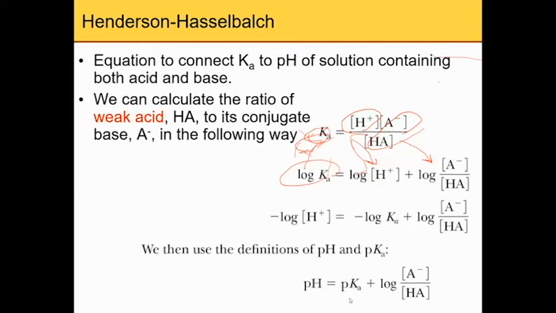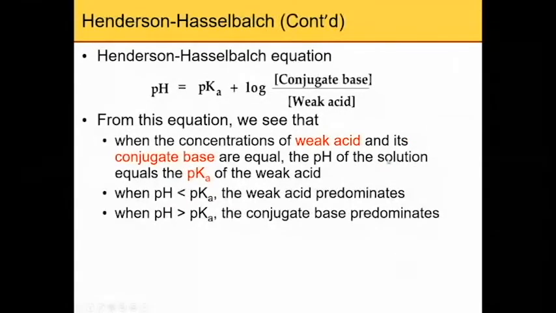Remember, pH equals pKa plus log A negative over HA, which is the conjugate base over the acid. So that will be pH equals the pKa plus log conjugate base over the weak acid.